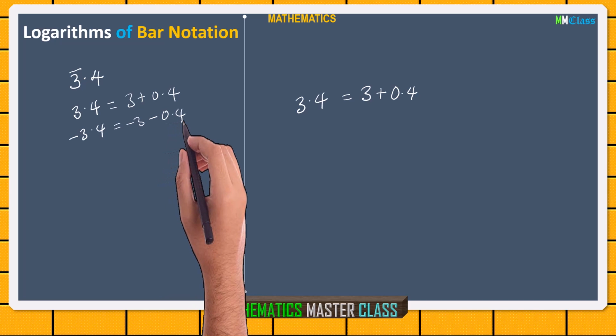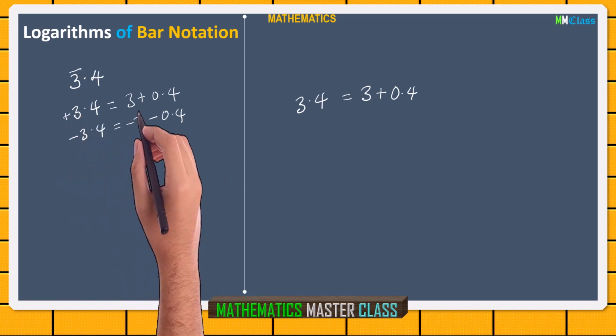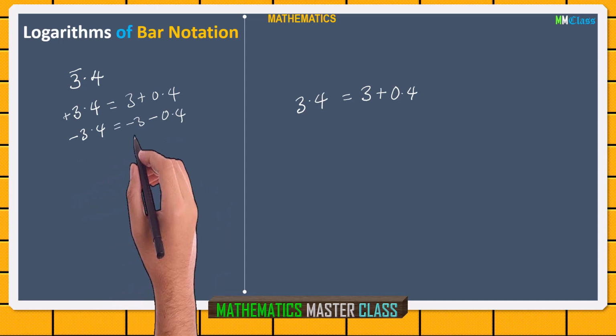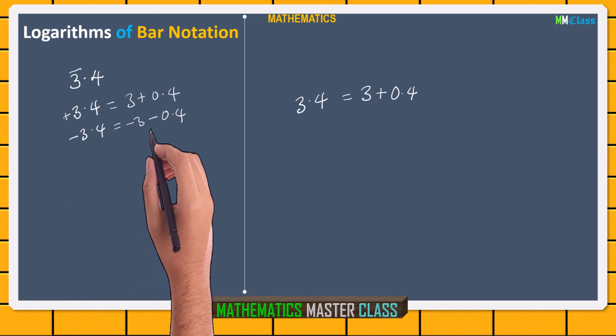However, if there is nothing here or there is plus here, it means both the integer part and the decimal fraction part are positive. If there is a negative number here, it means both the integer part and the decimal fractional part are negative.